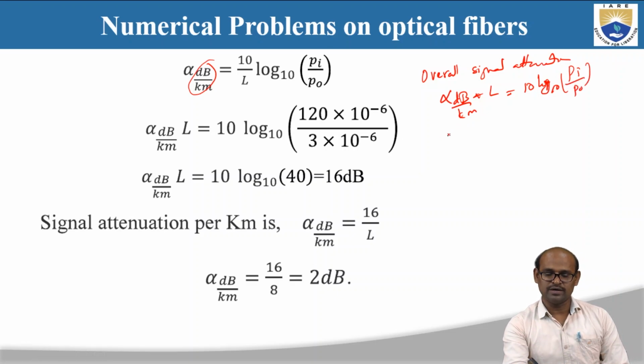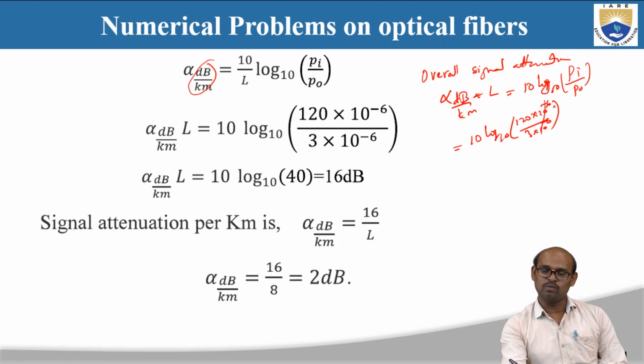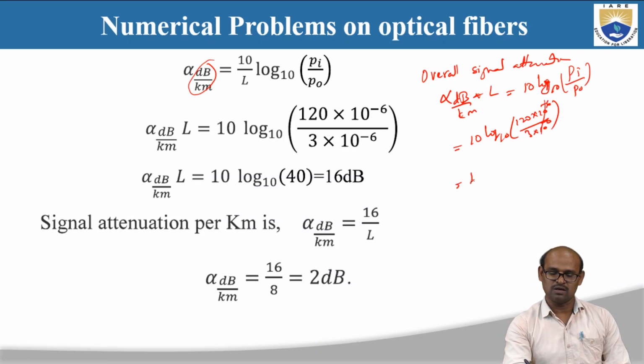Okay, so this is the signal attenuation for the overall length. That is 10 log 10, where Pi is 120 into 10 power minus 6 watts and Po is 3 into 10 power minus 6 watts. So 10 power minus 6 will cancel out. So 10 log 10 of 120 by 3, that is 10 log 10 of 40. Right?